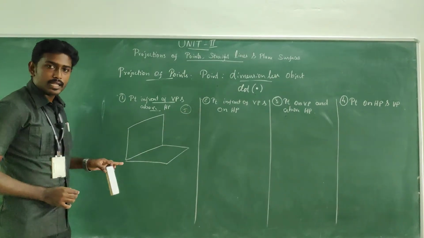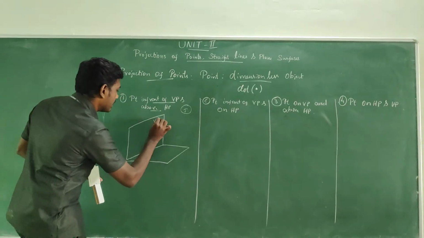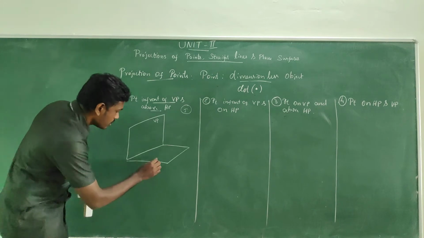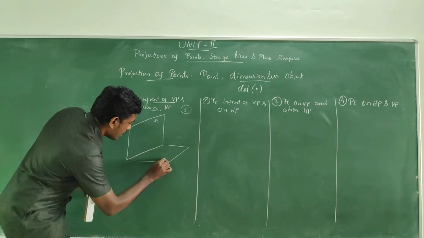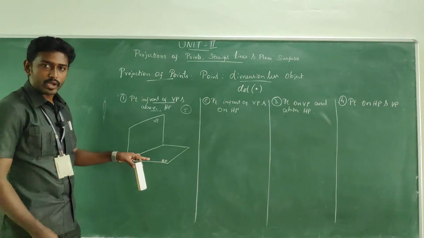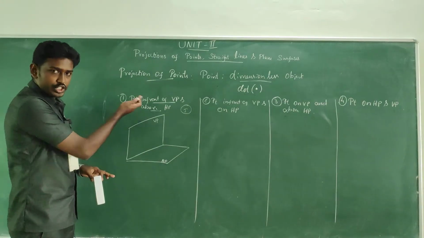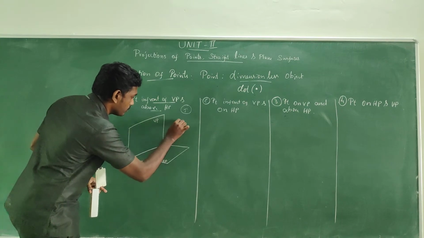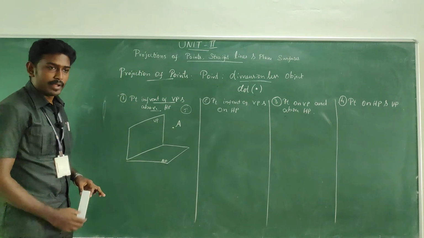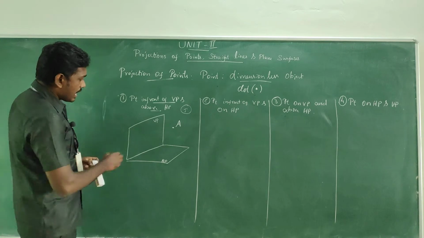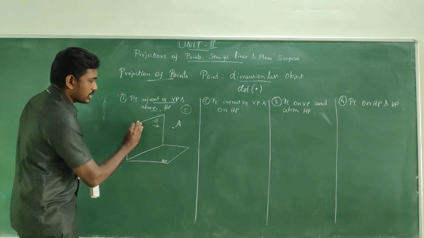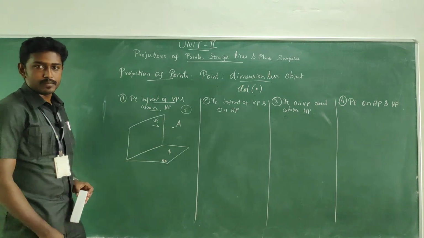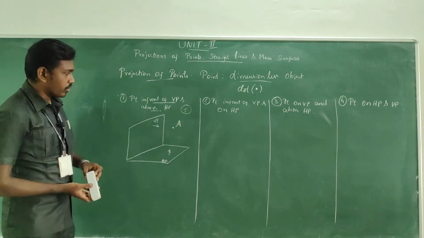This is the first quadrant, and the reference planes: this is the vertical plane VP and this is the horizontal plane, so I can take this as HP. Okay, so as far as this position is concerned, I can take my point something like this. That means the point is in front of VP, just in front of VP and just above the HP. This is the exact location for this.